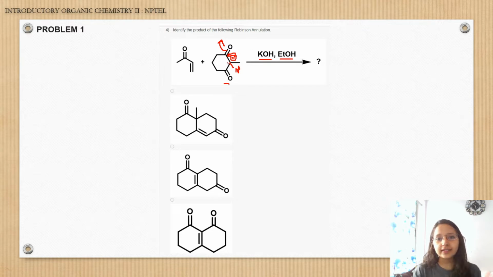So this is the acidic hydrogen. This base will abstract this hydrogen from this position and give a more stable carbanion at this position. Is it clear why this hydrogen is more acidic and why it abstracts this particular hydrogen only?